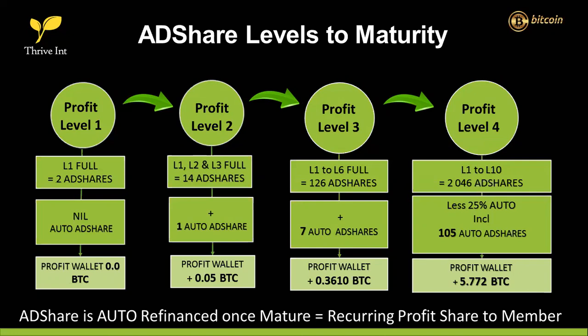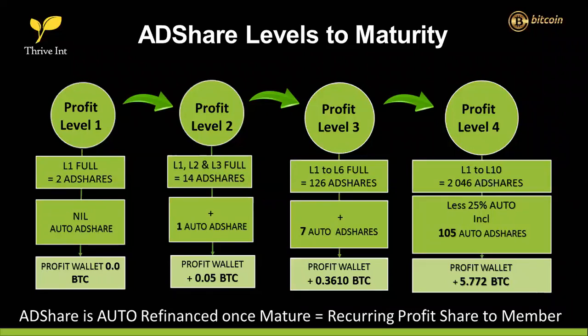Then at profit level number 4, and this is when you complete your cycle or when your Adshare reaches maturity, is when you've got that same structure filled up from level 1 to level 10, a total of 2,046 Adshares. The retention wallet now buys 105 additional auto Adshares in your name.